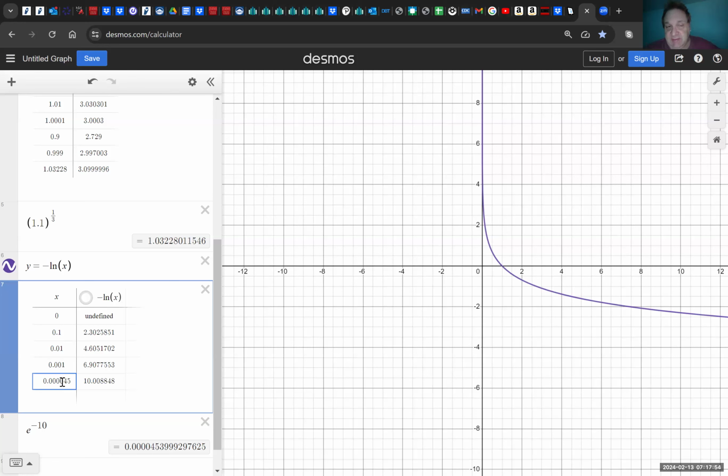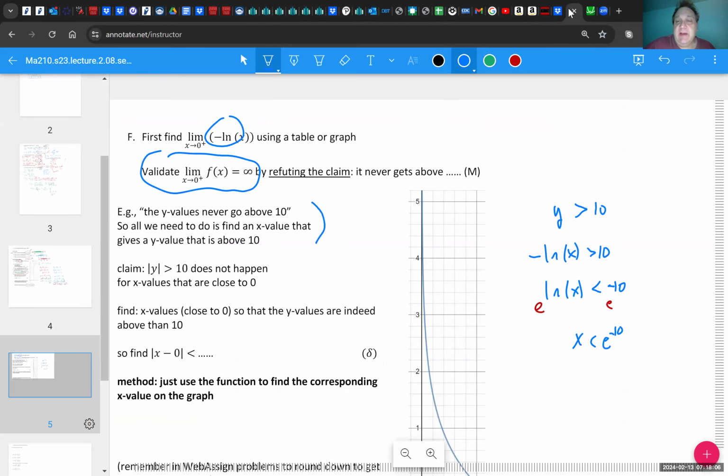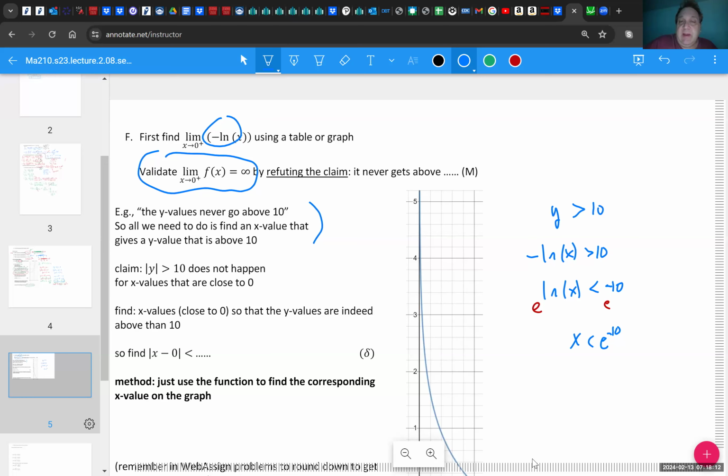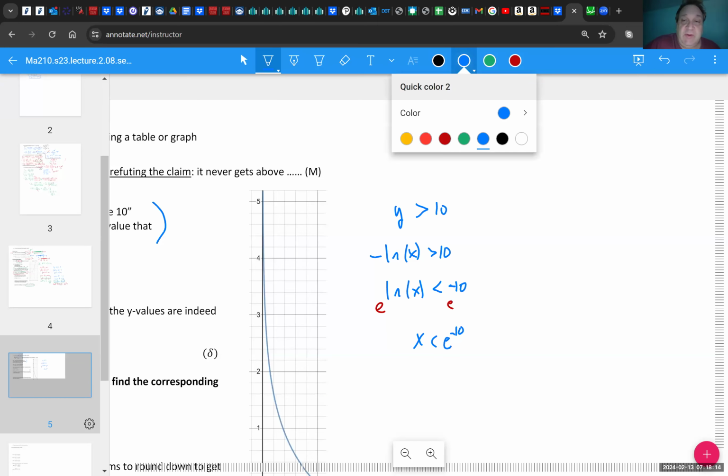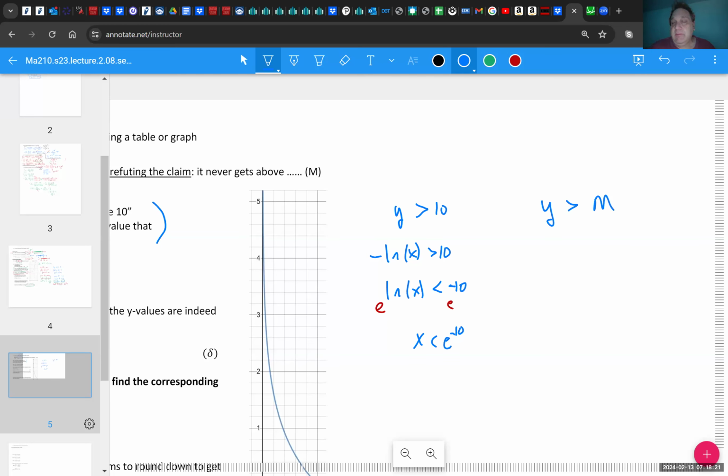That's the place I know as long as x is smaller than that value, the y value is bigger than 10. So that, again, is the way of saying, you don't think it gets above 10? I can get above 10. And if they say, well, what about 100 or what about 1,000 or a million? It doesn't really matter. We can do this exact calculation with a letter instead of a number. So, for example, suppose they say some maximum value m. M could be a million or whatever it is, right?